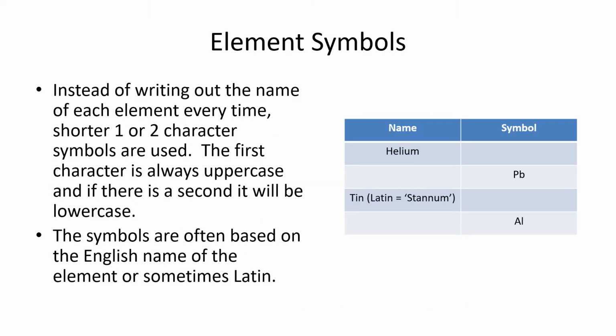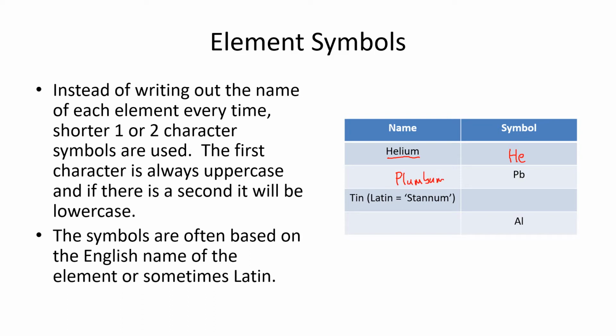So on the periodic table, there are symbols to represent the elements, sometimes the names, but always the symbols. The symbols are usually the first two letters of the element name, or sometimes it doesn't have to be the first two letters, usually the first letter and maybe some other letter that goes along with the rest of the name. So helium is a nice simple one, it gets the symbol He. Lead comes from the Latin name for lead, which is plumbum.